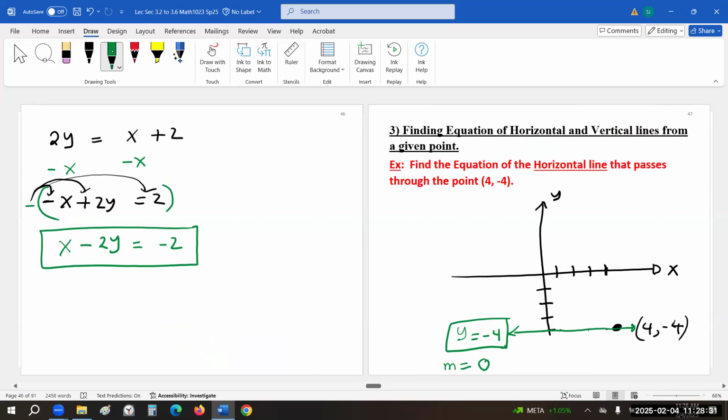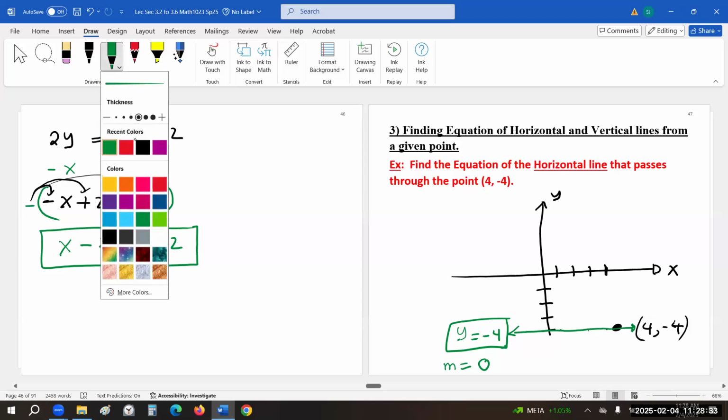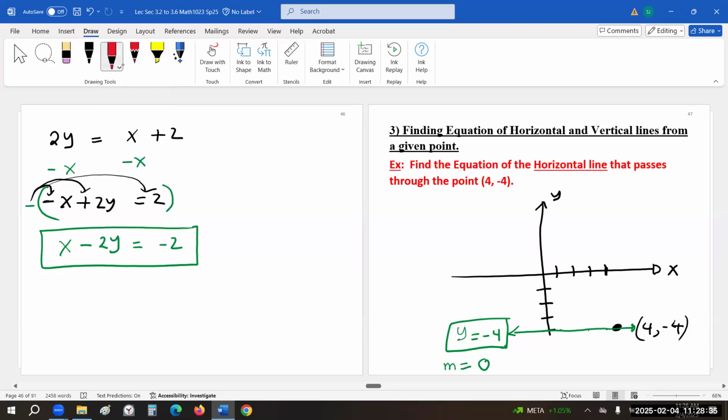Okay. Now something extra more. What if I ask you, what would be the equation of the vertical line that goes through this point? Wonderful. So vertical line, my point seems a little bit off. Here.